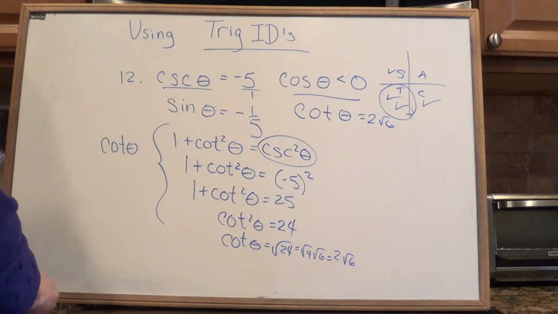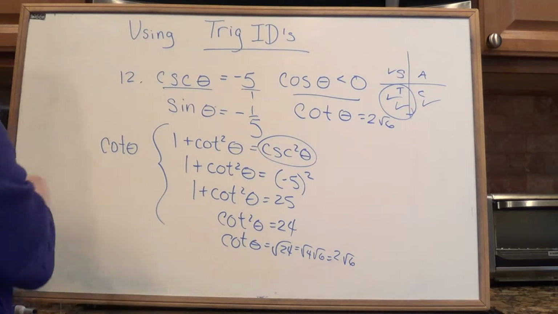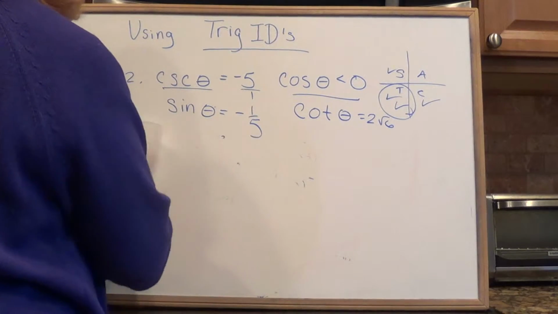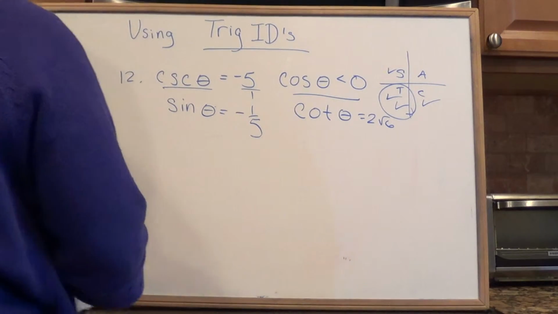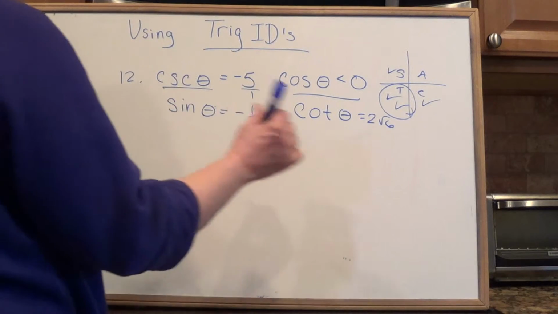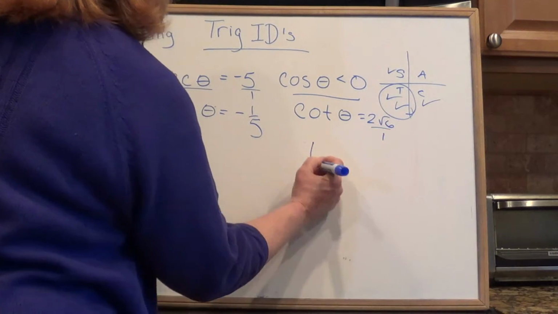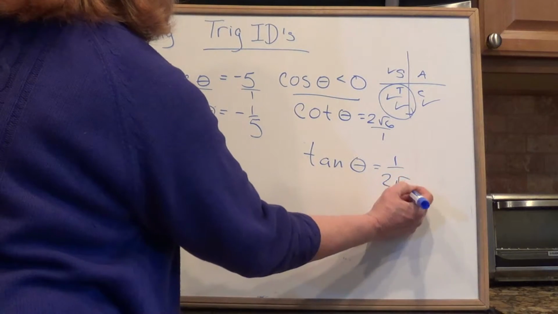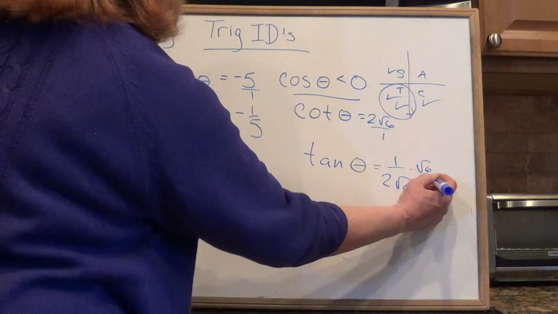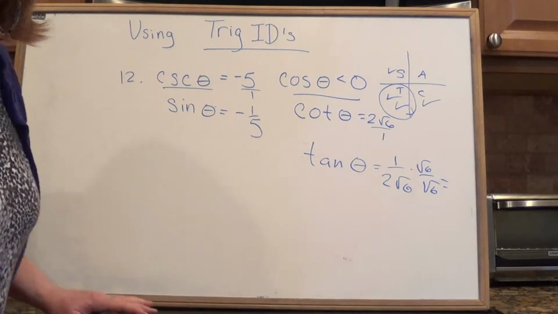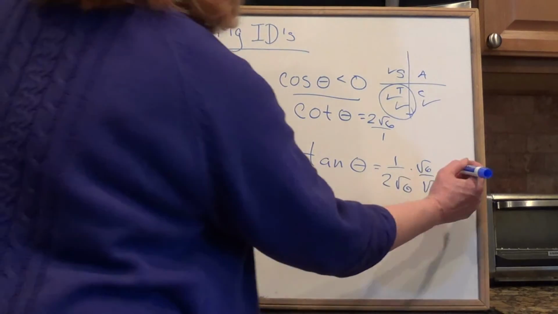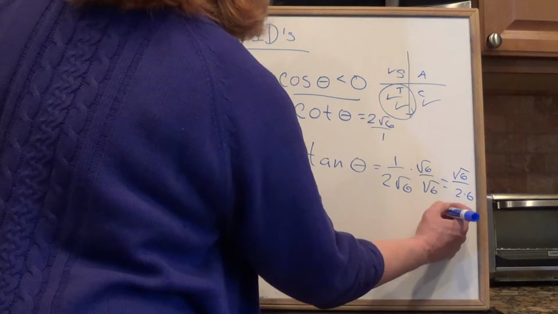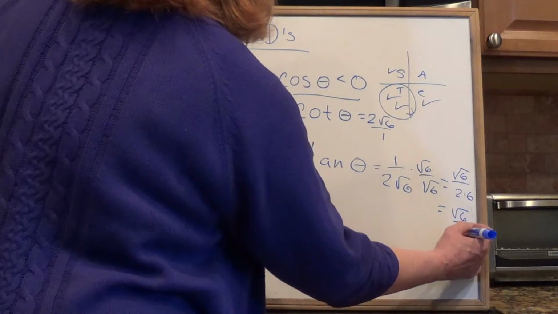So right away, you can pause the video if you need to write that down. Right away, if I have cotangent, I can flip it and get tangent. 1 over 2 square roots of 6 rationalized is square root of 6 over 2 times 6, which is square root of 6 over 12.